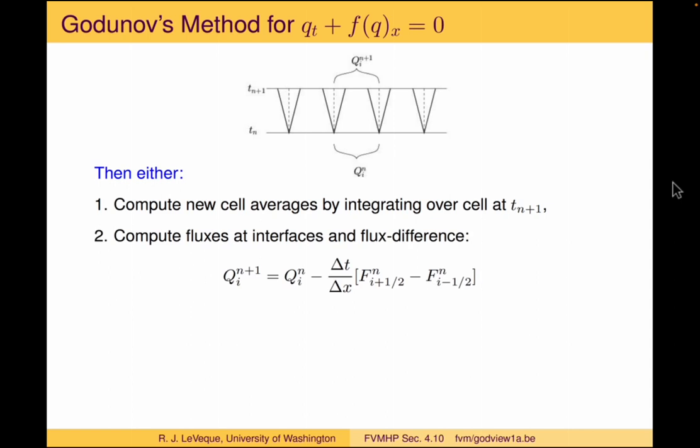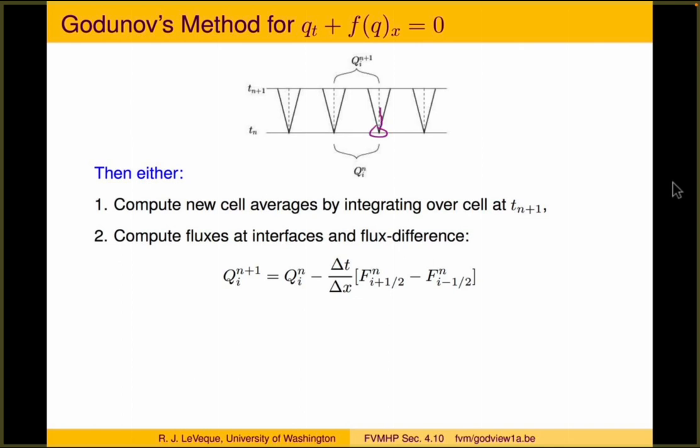So a second way to do it is to use this idea of flux differencing that we've already seen, because when we solve these Riemann problems, one feature of the Riemann solution is that it's constant along rays coming out of the origin. And so in particular, the Riemann problem that's defined at this interface is constant along the grid interface. So even though the solution has these jump discontinuities that are propagating, the value of Q is constant along that interface. And the value of Q is also constant along this interface in that Riemann problem.